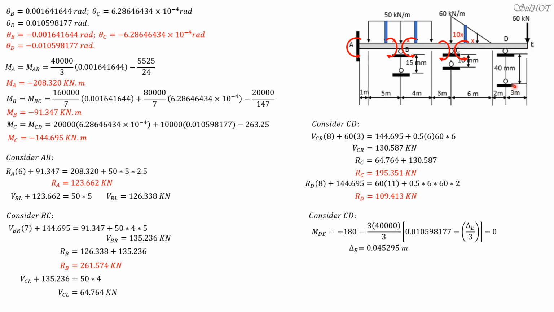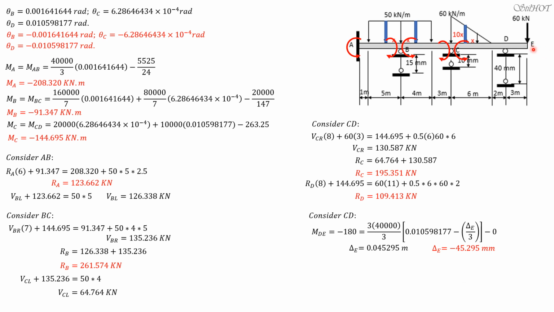In other words, if we draw the elastic curve, delta E here, with reference to this settled support, we have 0.04529 meter below this settled support, or that's negative. So therefore, delta E in mm is negative 45.295 mm. Okay, you convert that to mm.